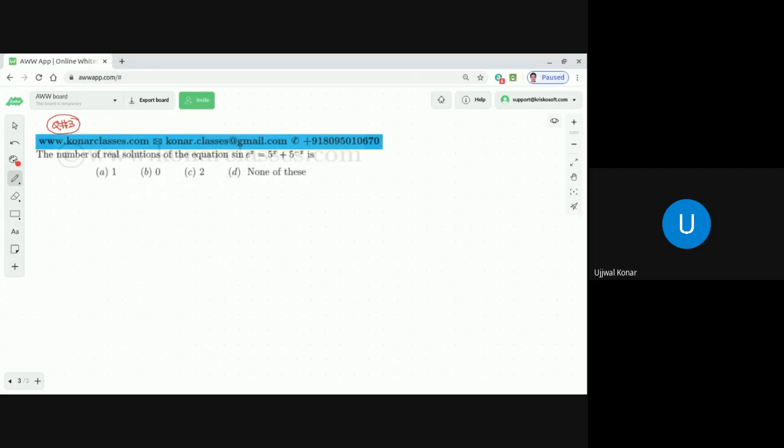The question here is that the number of real solutions of the equation e power x equal to 5 power x plus 5 power minus x is what?